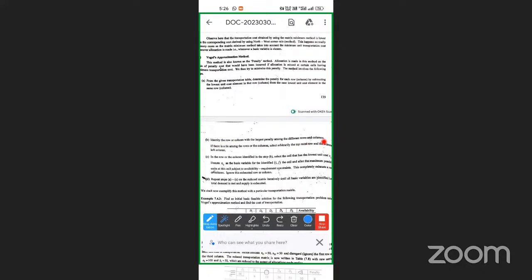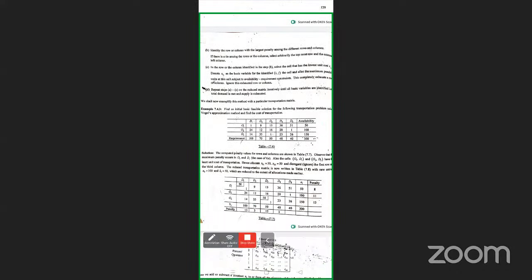After finding all penalties, we can choose the highest penalty. So these all are the penalties. In this, choose the highest penalty. 13 is repeated two times, but we can choose any one. So here 13 is the highest penalty.